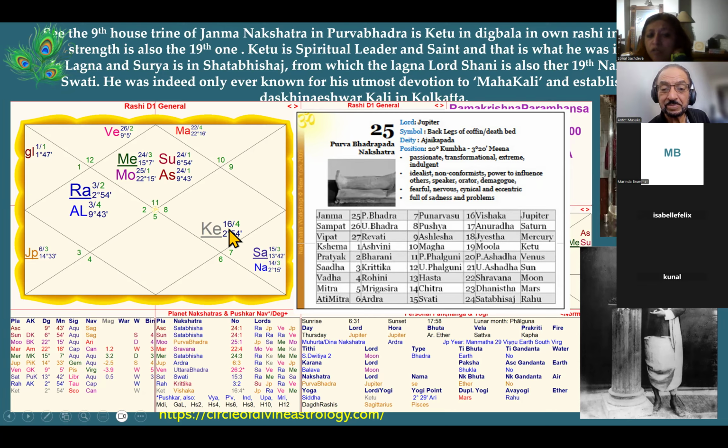So here, if you look at the Ketu, which is literally in the Bhagya Nakshatra, 19th from there in Vishakha, it is in a very brilliant position. It is in the 10th house in Digbal. It is absolutely in its own sign. Everything about the Ketu is the work that he did. It's all about his spiritual devotion, deep seated need.